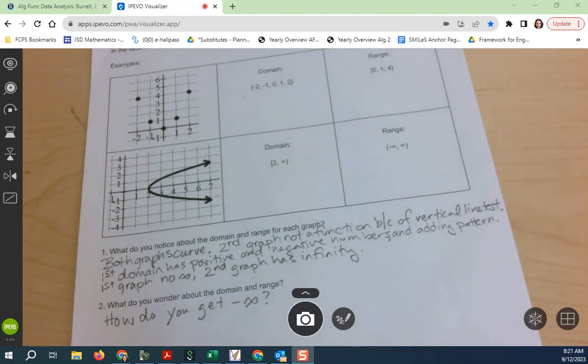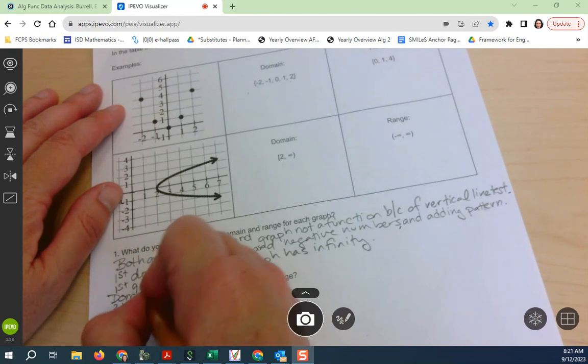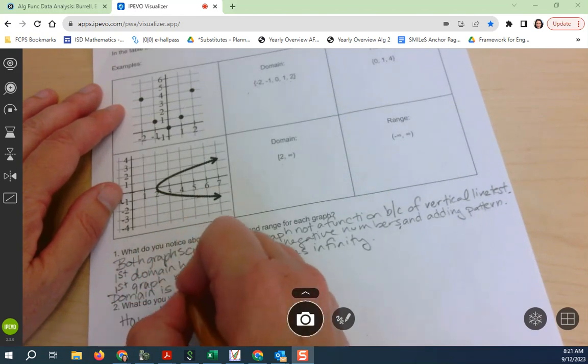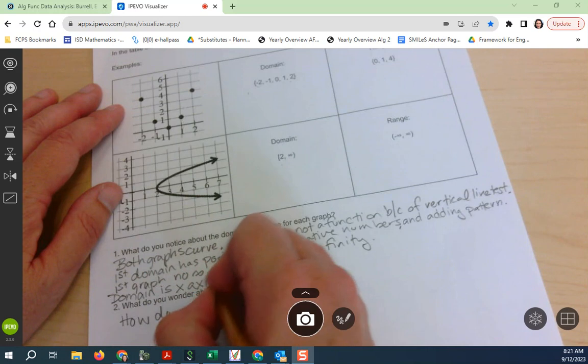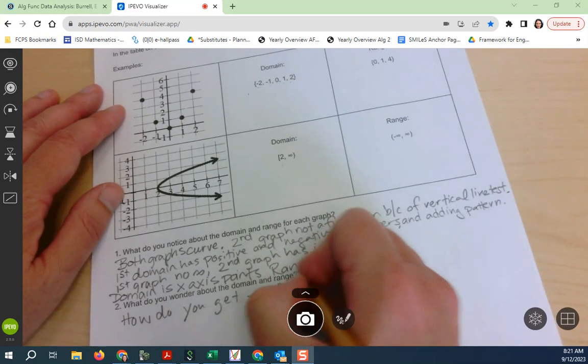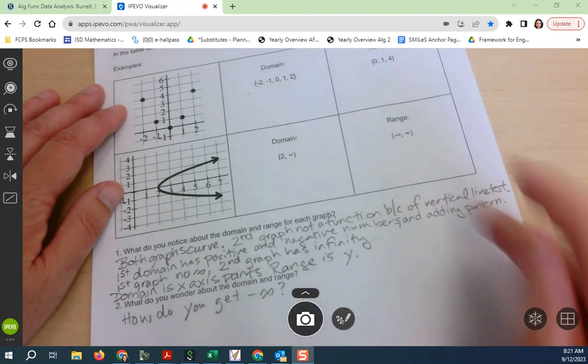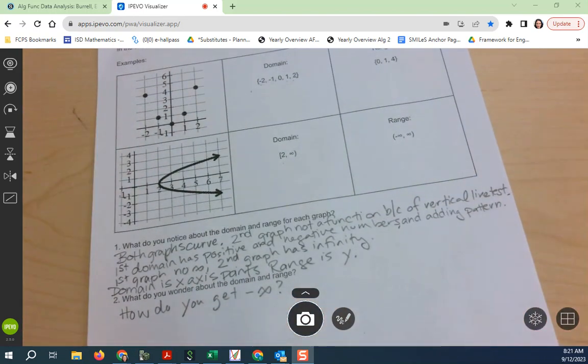All right, Nyla, Yesenia? The domain is the x-axis points, and then the range is the y. Domain is x-axis points. Range is y. Raise your hand if you remember hearing that before.